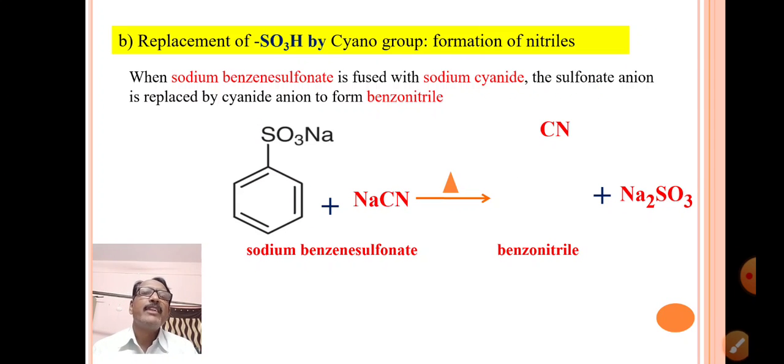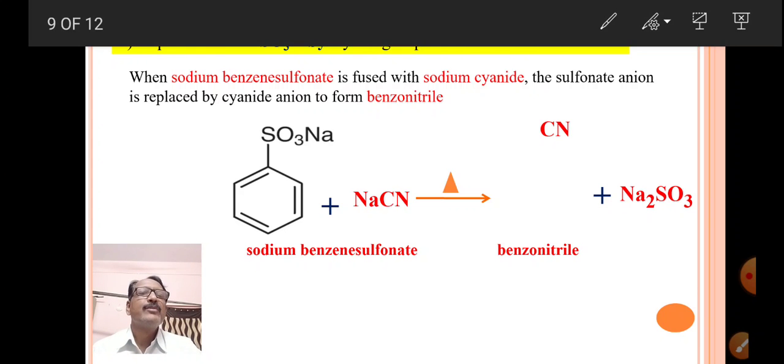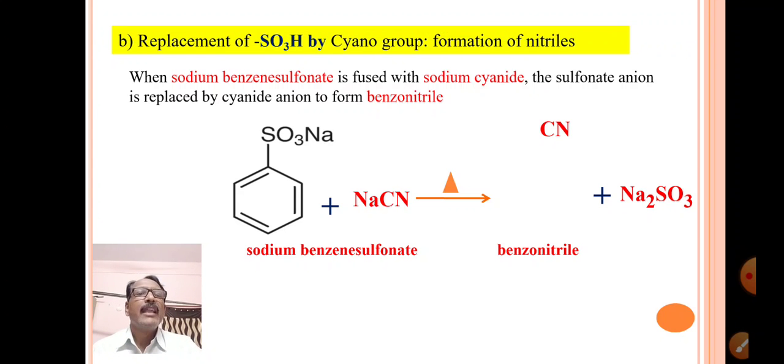Now whenever the SO3H group is replaced by cyano group, there is formation of nitriles. That means here sodium benzene sulfonate reacts with NaCN and there is formation of benzonitrile. This CN group is there, benzonitrile.